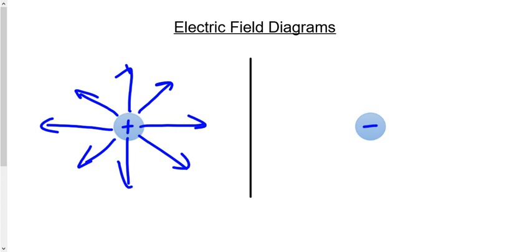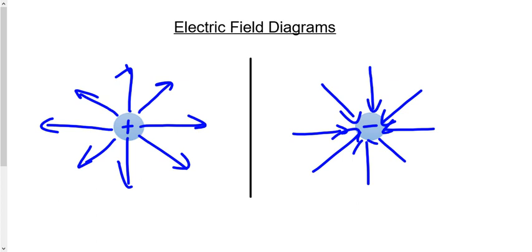Which way are they pointing? Inwards, towards the negative, right? Notice, I don't have an experiencer here, I just have the producer. But if I did put a positive experiencer here, it would experience a force toward the negative. Therefore, since we define it as the way that a positive would move, it's inward, toward the negative.